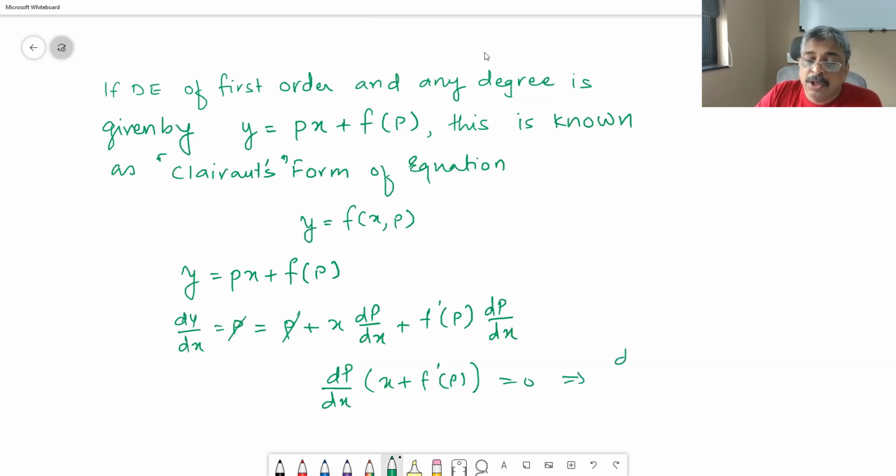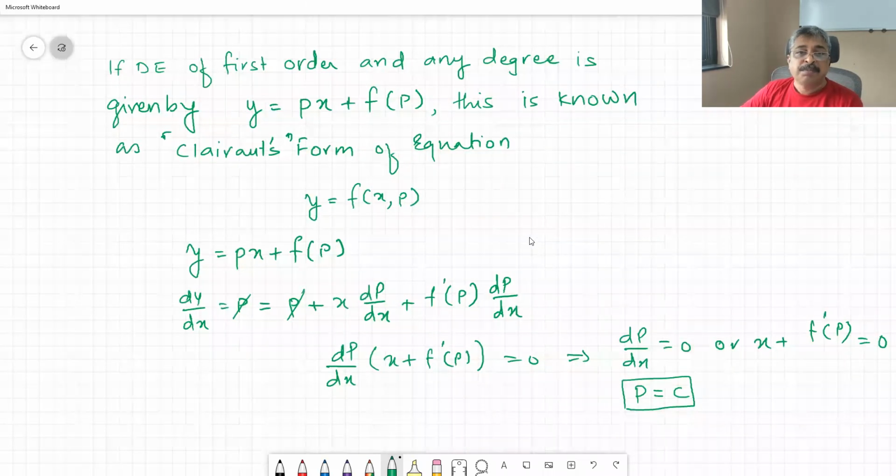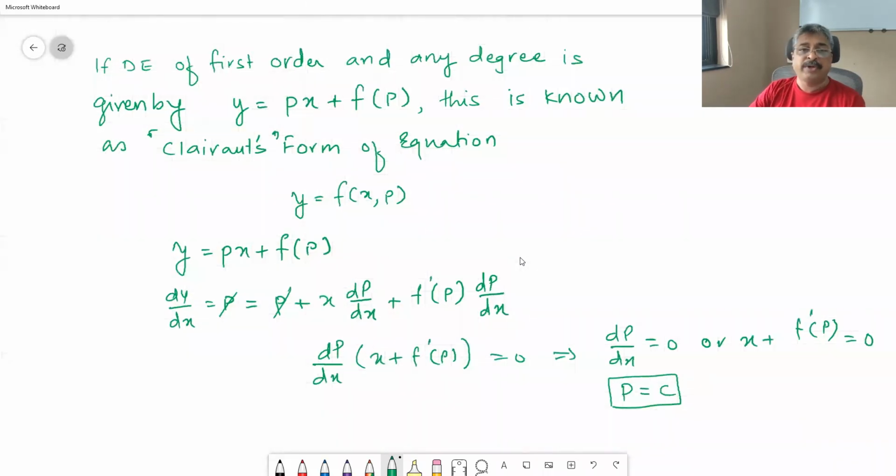So dp by dx is equal to 0, or x plus f dash of p is equal to 0. So these are the two possible ways of looking at things, and if dp by dx is equal to 0, p is equal to constant.